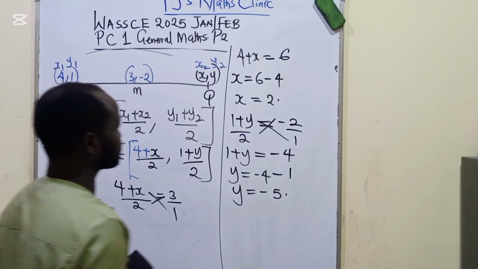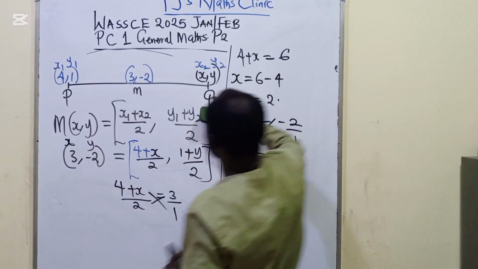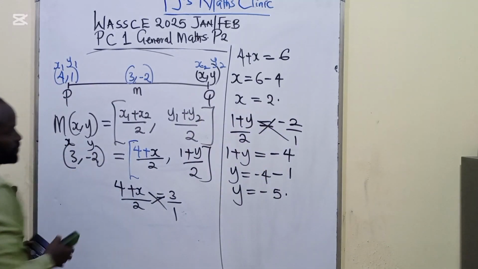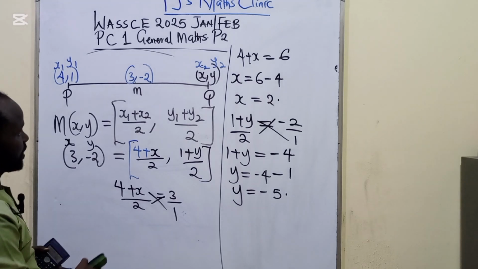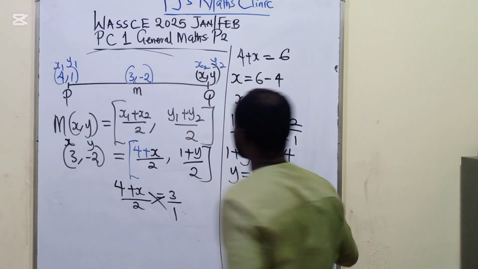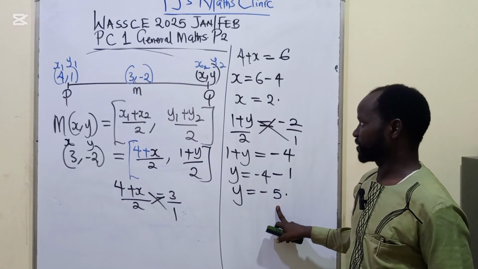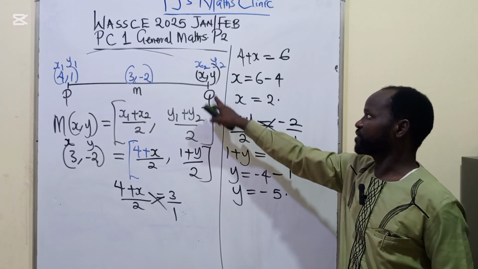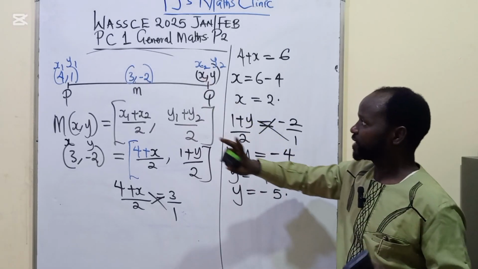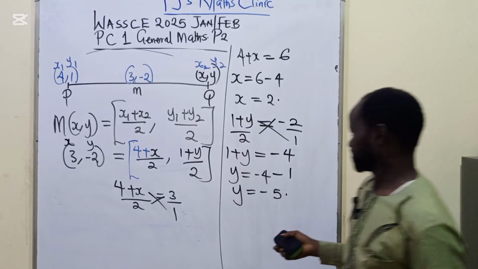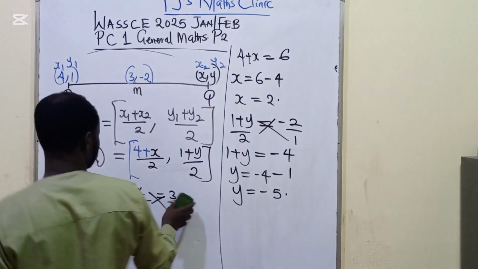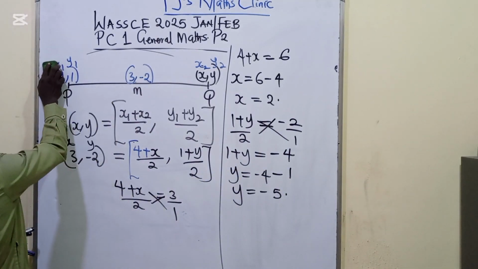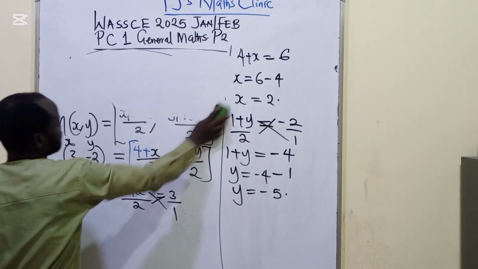Very important. We can conclude that the coordinate of Q that we are looking for is nothing but 2 comma minus 5. Coordinate of Q means we're looking for the x and y value. Very important. So this is the solution to this question. Let me clean here since we are through.